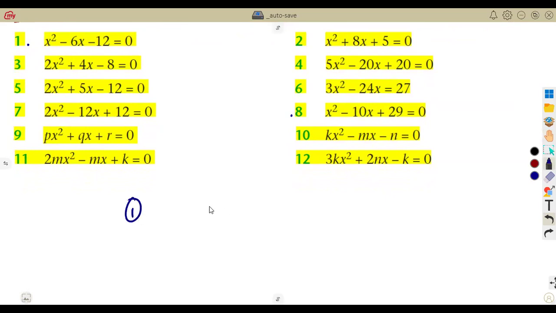Number one, we are given x squared minus 6x minus 12 equal to 0. Solve for x. You can use your quadratic formula to verify, not to use it on solving. No, the method is completing the square method.